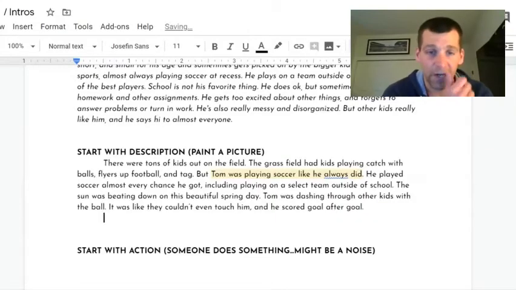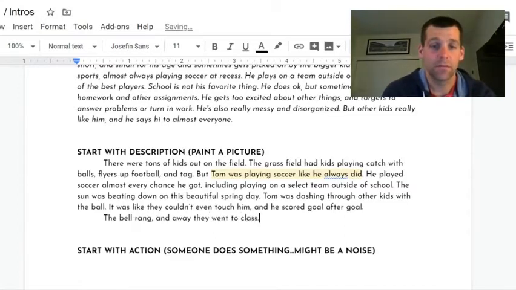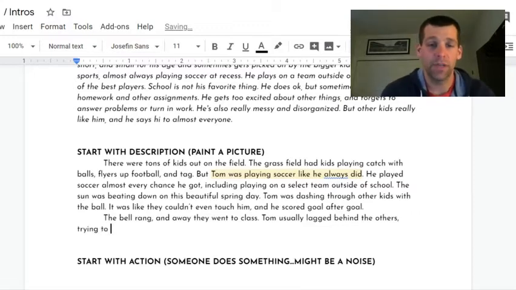With the next part, I might say, the bell rang and away they went to class. Tom usually lagged behind the others, trying to play for as long as he could.